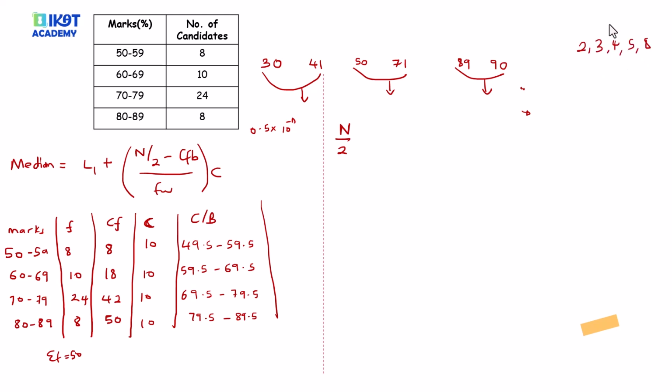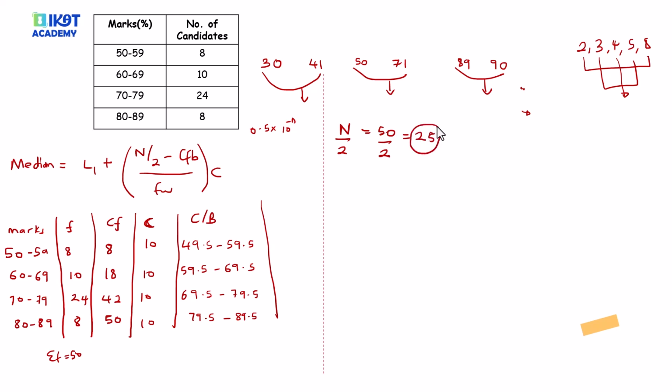We said arrange them in ascending order, then you pick out the one in the middle. So that's why we have n out of 2, we are trying to get the number in the middle. And what is this n? The summation of f, 50. So this is going to be 50 divided by 2. So this would be 25.